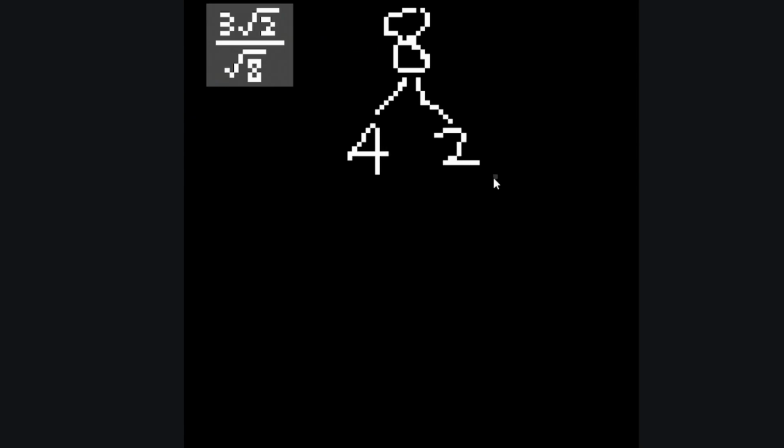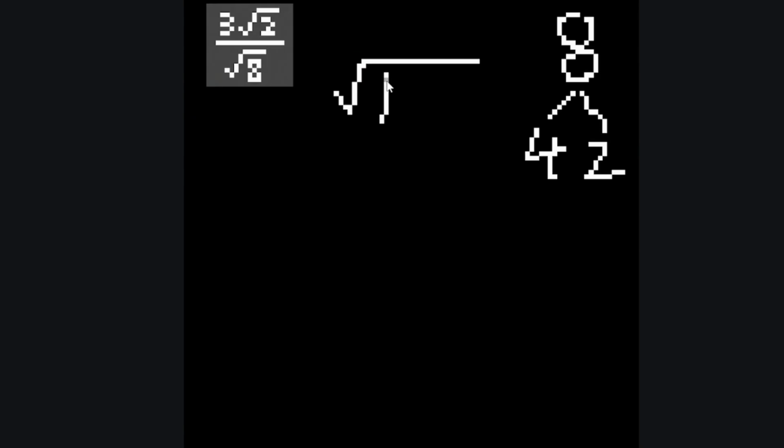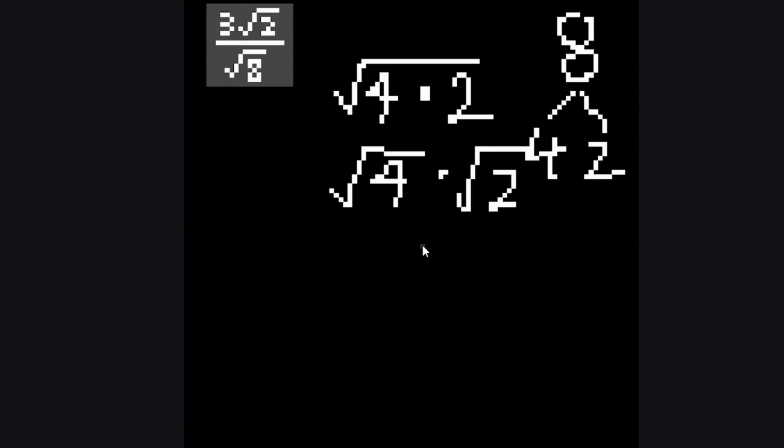Meaning, if we substitute 8 with that specific factor pair, the one with a perfect square, which is 4 and 2, we substitute 8 in the equation. 4 times 2. We can then distribute the square root. 4 times square root 2.